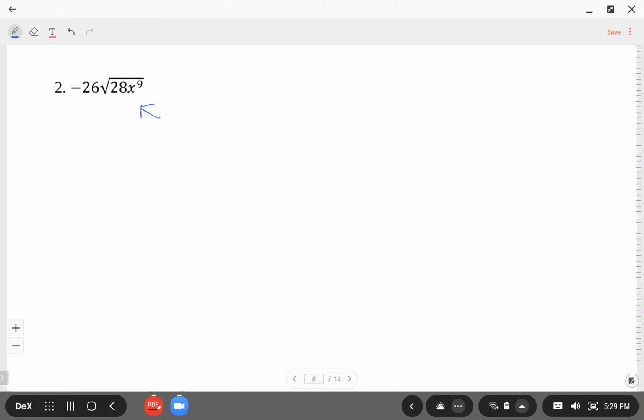So now, let's start simplifying this. Okay, so the square root of 28x to the 9th. It's made up of the square root of 28 and the square root of x to the 9th.